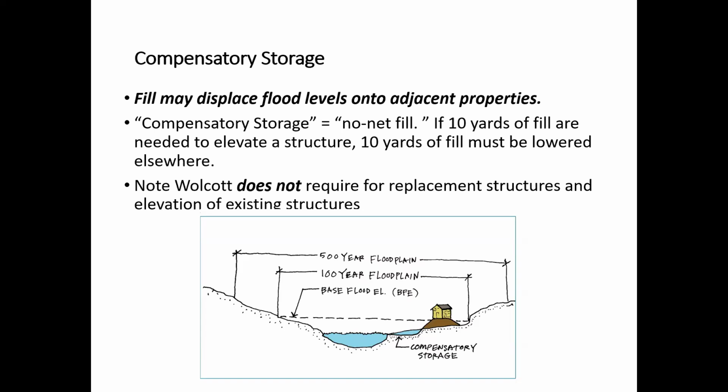And so compensatory storage means, okay, there's this fill used to elevate the structure, and there's a corresponding removal of fill from the floodplain to make up for the area and reduce the likelihood of fill displacing water onto adjacent properties.